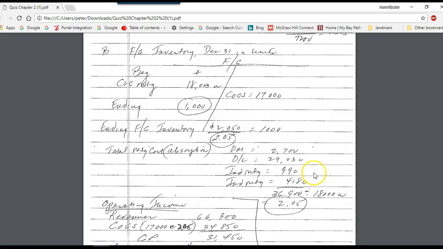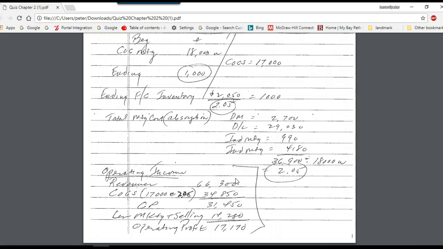I did not use the marketing and administrative costs to figure out my production or manufacturing costs, because that's not GAAP, unless they tell you to use a contribution margin, but they didn't ask us that. So we have to use the traditional GAAP absorption costing format, which is manufacturing costs only. Notice I put absorption in parentheses. So if you take the 2,050 divided by the average cost per mug of $2.05, you get 1,000.